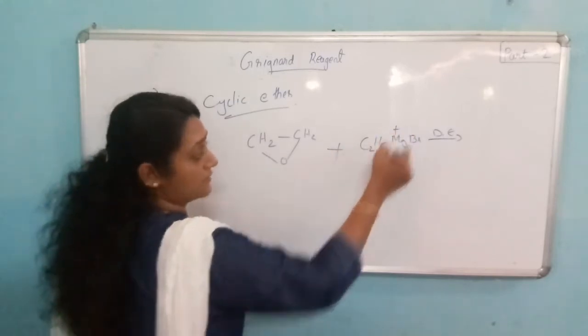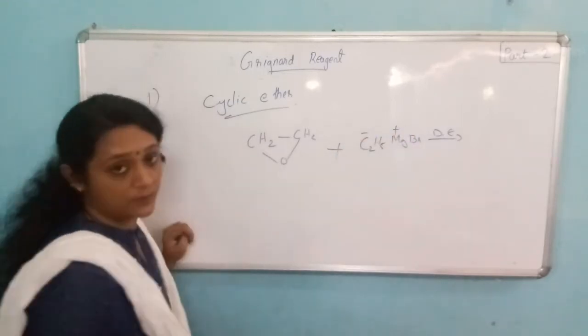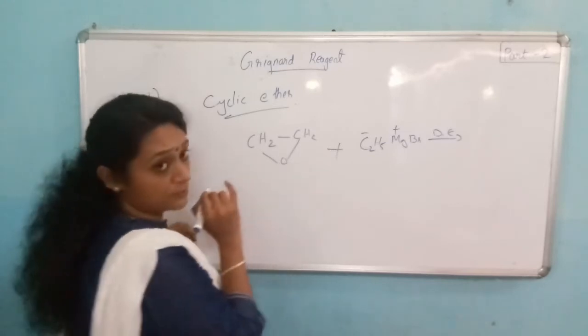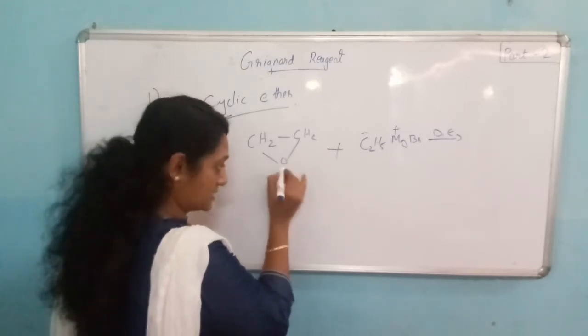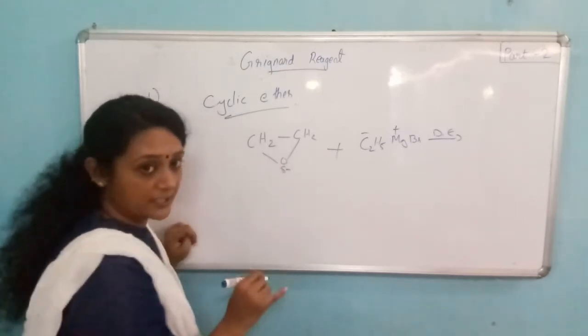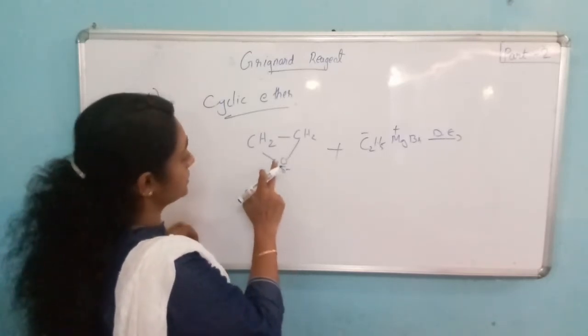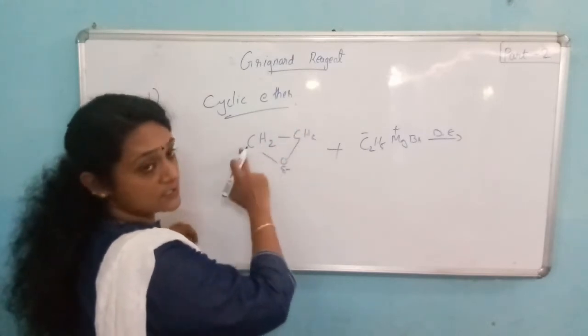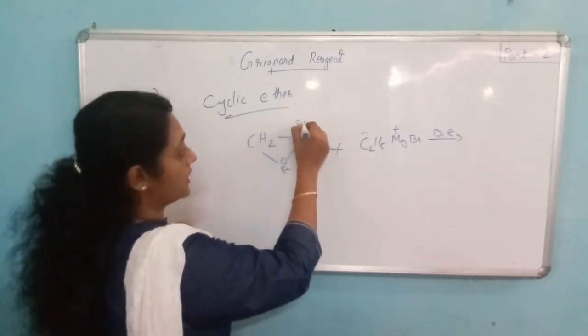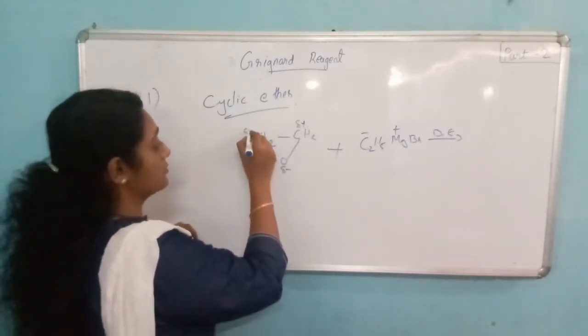Mg is having a positive sign, C2H5 having a negative sign. Oxygen is an electronegative atom, therefore it has a partial negative sign, and the carbon attached to oxygen has a positive charge. This carbon has a positive charge and this carbon also has a positive charge.